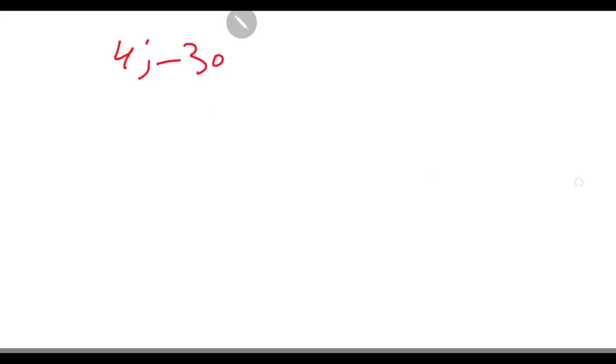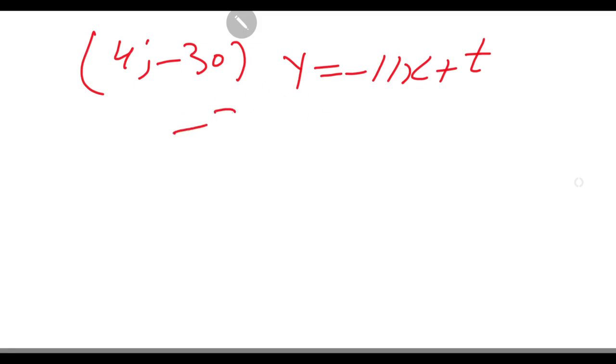Now for the second tangent point, x value 4, y value negative 30. Now we're going to substitute into y is equal to negative 11x plus t to solve for t. Now this becomes negative 30 is equal to negative 11 multiply 4 plus t.